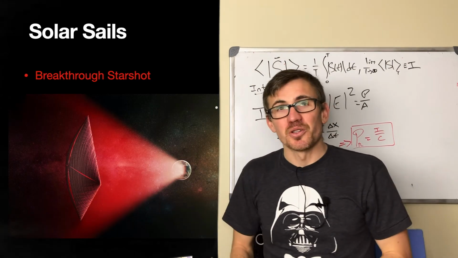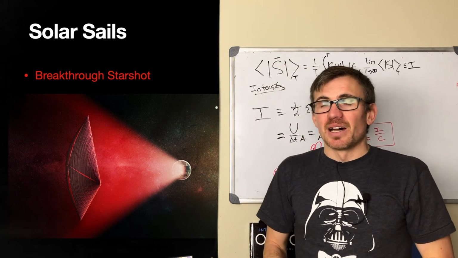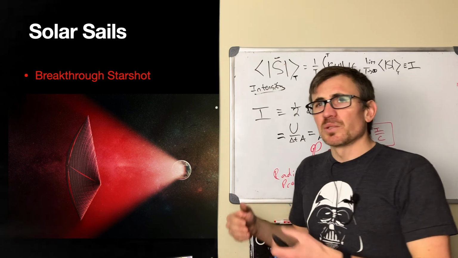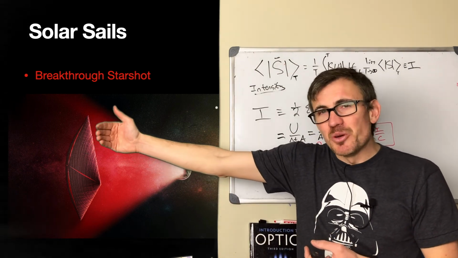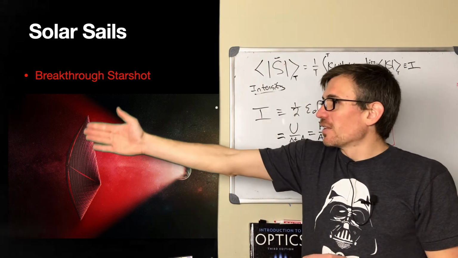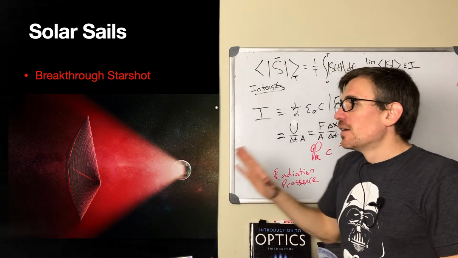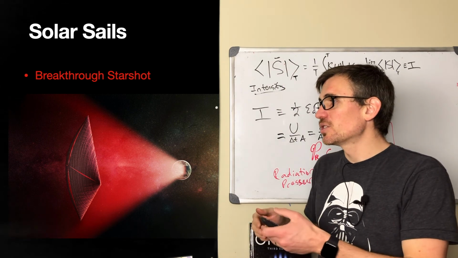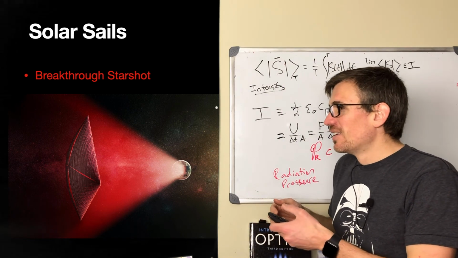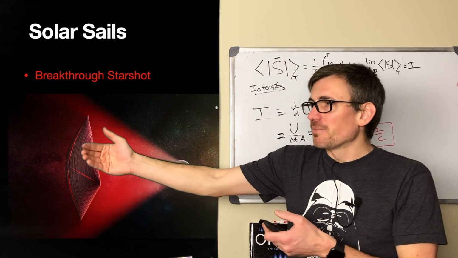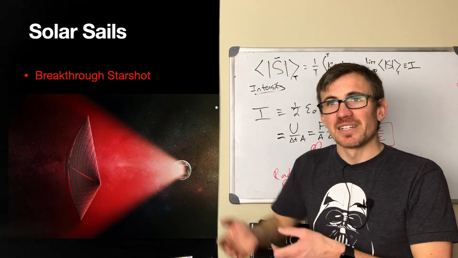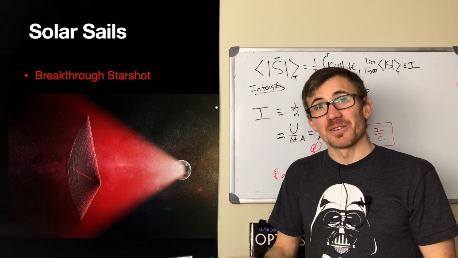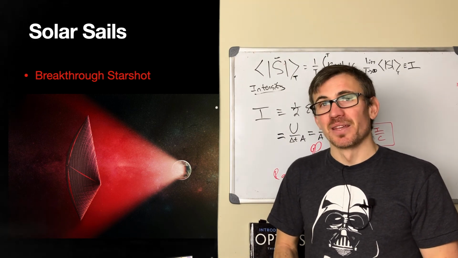There's a cartoon of it, I guess, or an illustration of it. It's called Breakthrough Starshot. And I think the idea is that within a few minutes, it will have gone several times the distance to the moon, and we can shine the light on it for a given amount of time so that it reaches something like 0.2 C. That means it would take about 20 years to get there, another 4 years for the signal to get back, and maybe we could snap a picture, if this thing works, of our nearest stellar system.